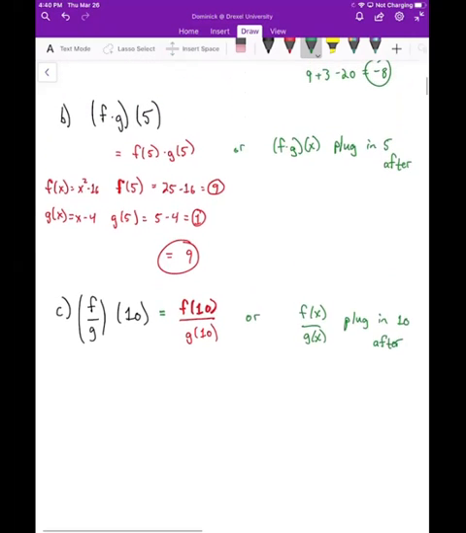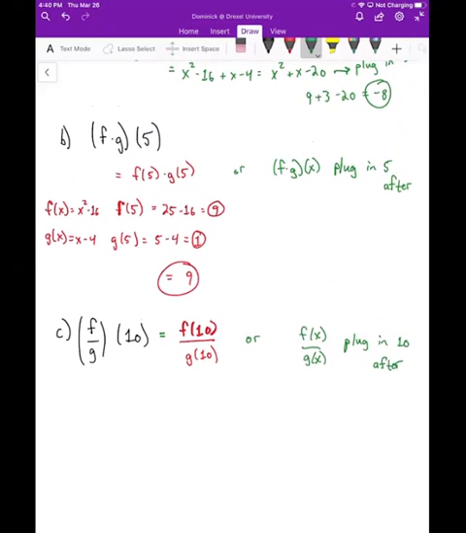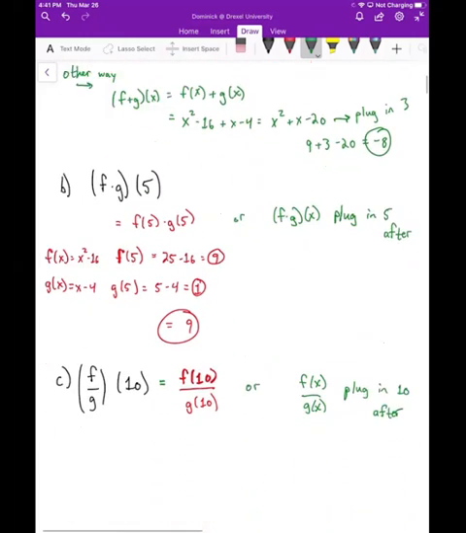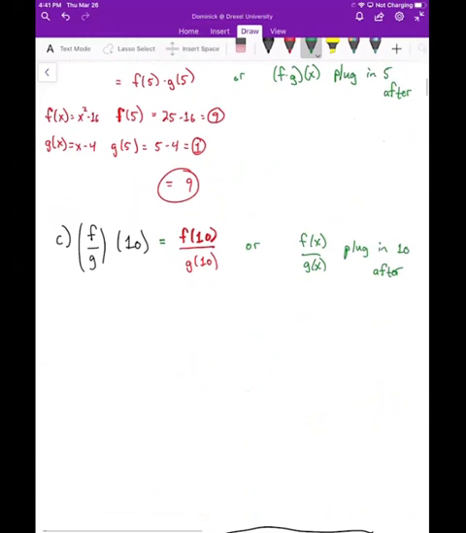Okay, so how about, since I did it the red way last time, we'll do it the green way this time. Okay, so again, here my f of x is x squared minus 16, and my g of x is x minus 4. So then f over g, f of x over g of x, is equal to x squared minus 16 over x minus 4.